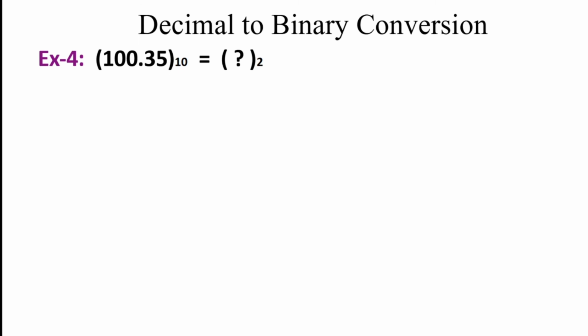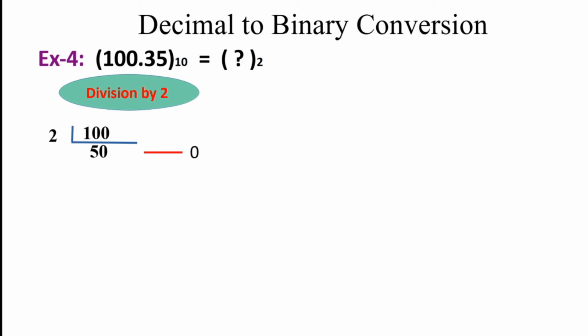Now consider another example, 100.35 in decimal. What will be its binary equivalent? We have to follow the same process. Here 100 is the integer part.